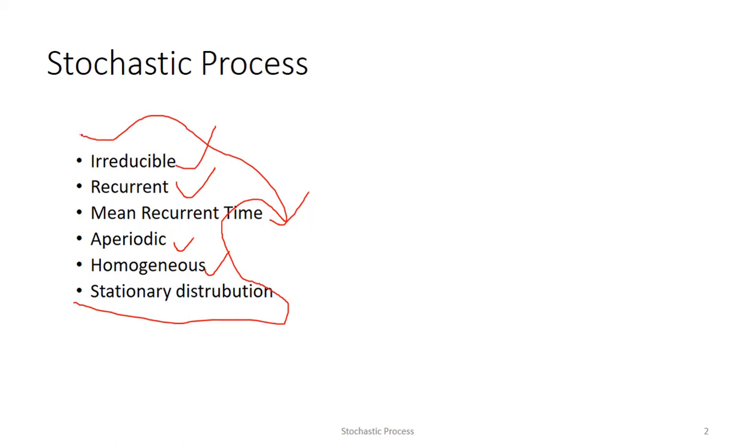Okay, first we can see what is irreducible. Irreducible comes under the case of communication. For example, I have state i and state j. If there is communication between i and j both ways, then we say that it is irreducible.